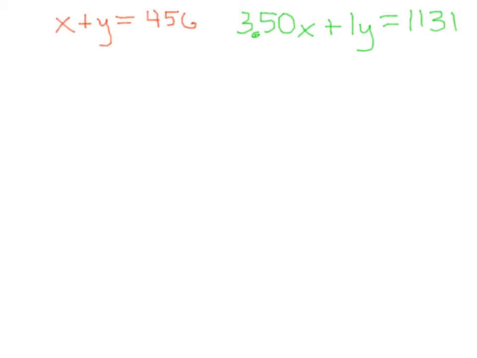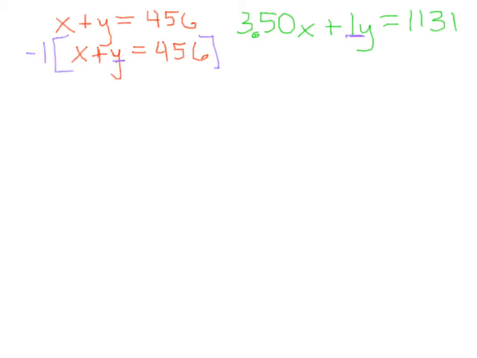Looking at them, I think the easiest thing to do is to take that first equation, the red equation, and multiply it by -1. So X plus Y is equal to 456, and multiplying the whole equation by -1 is going to allow us to eliminate the Y variable, because the other equation has a +1 and I want this one to have a -1 as the coefficient.